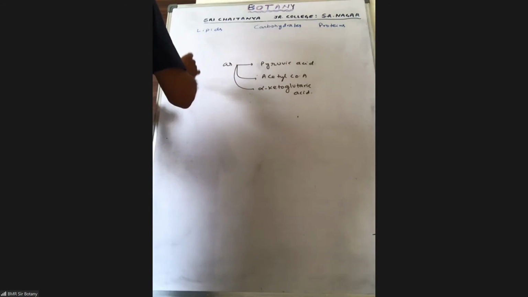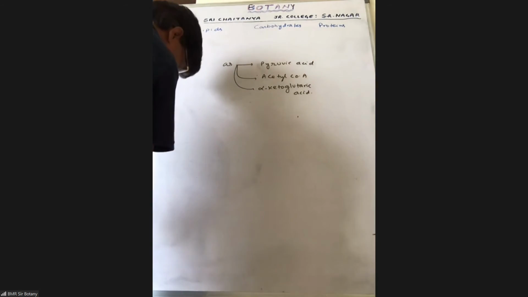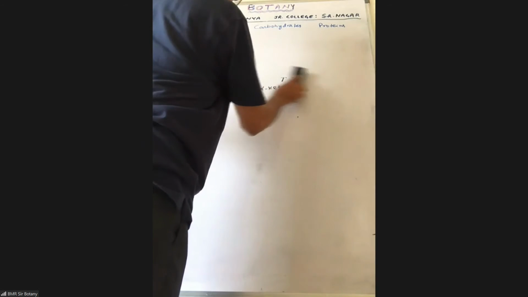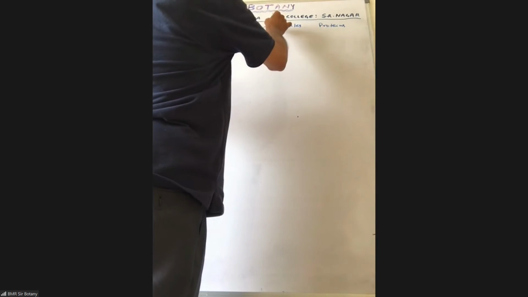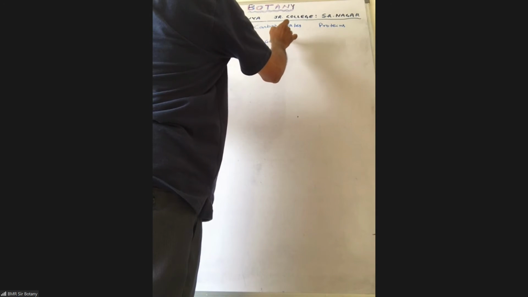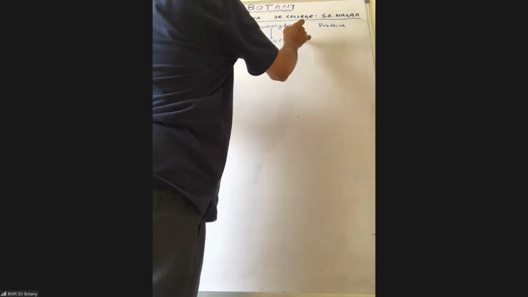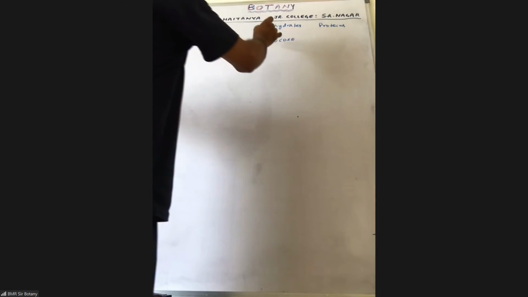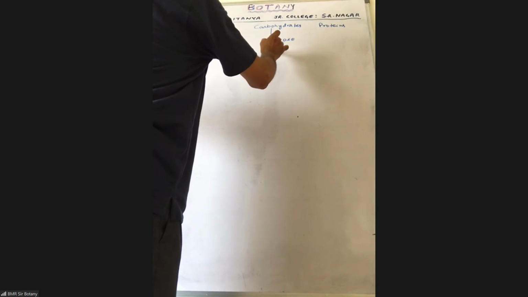Even organic acids also can be the substrates. If it is carbohydrates, like starch, hydrolyzed into what, Nana? Glucose and fructose. By what enzyme was it? Remember? Invertase, very good.